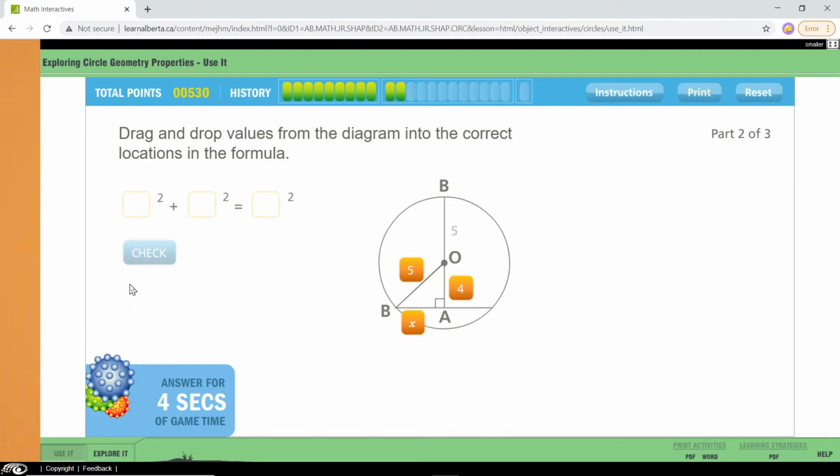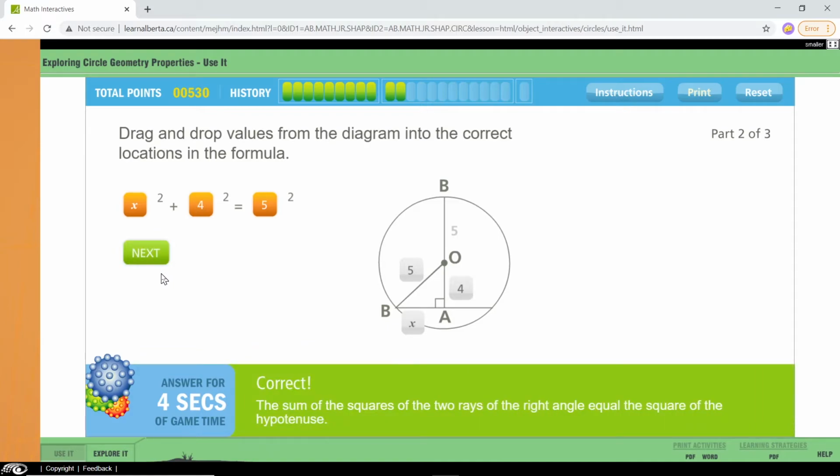Okay, from here the radius is the same as from here. So in order to solve for x, we use the hypotenuse: the sum of the squares of the two sides of the right angle is equal to the square of the hypotenuse.